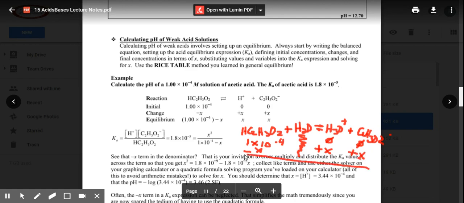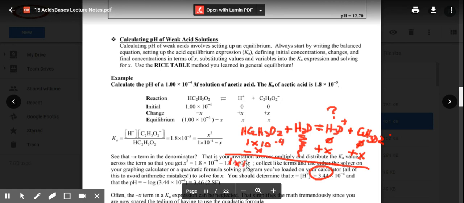Now, what is the point of setting up this RICE chart? What are we trying to do? Our whole objective here is to figure out the concentration of H3O plus at equilibrium. If I know the concentration of H3O plus at equilibrium, then I can plug it into my pH formula. So what I'm going to do is finish my expression.